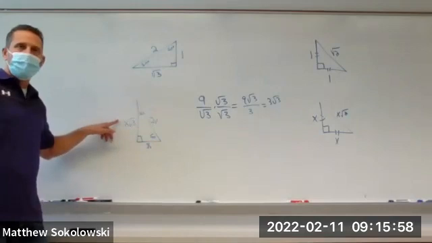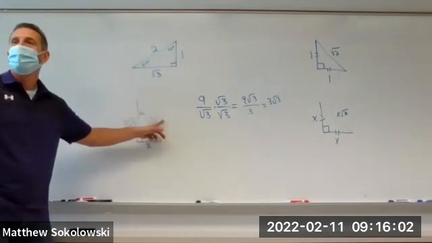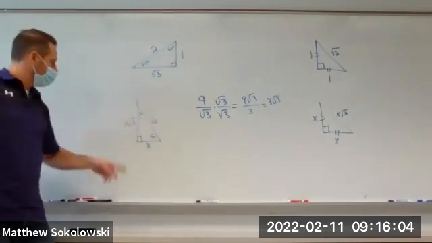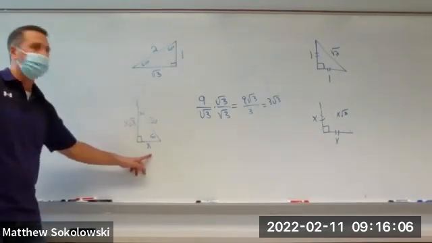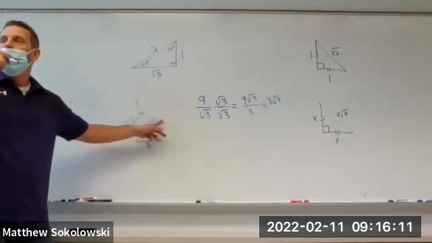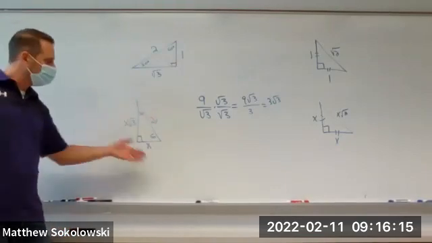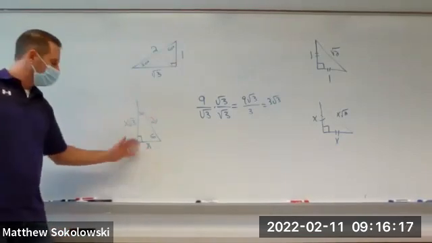If this is 30, what's this? 10 rad 3, 20 rad 3. This is 90. 30 rad 3, 60 rad 3, right. So you divide by 3, multiply by the rad 3, okay? So we talked about that yesterday.